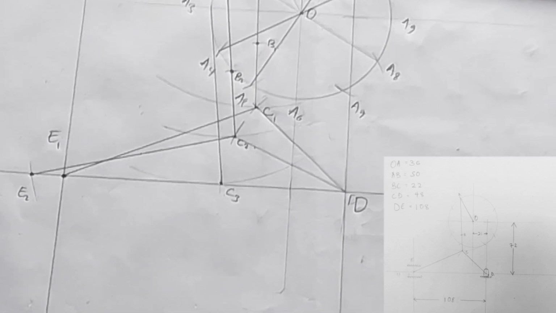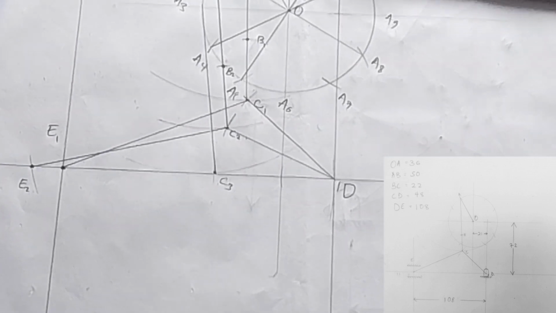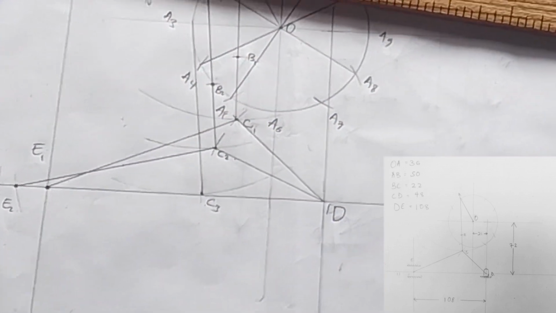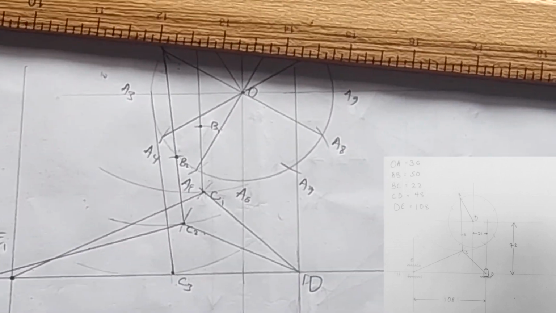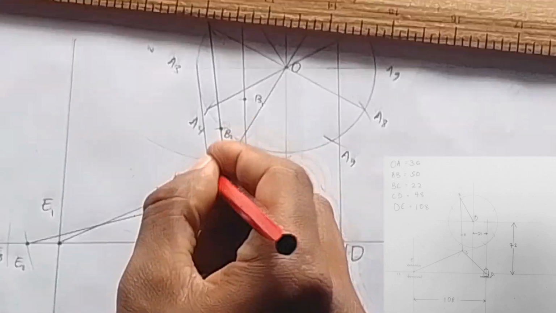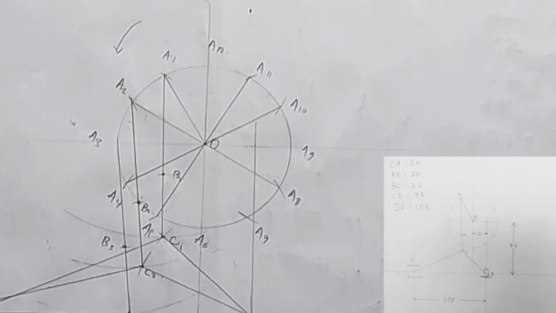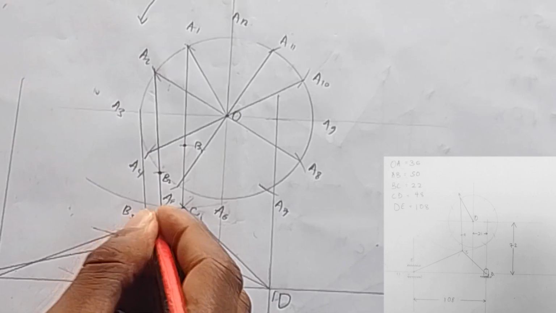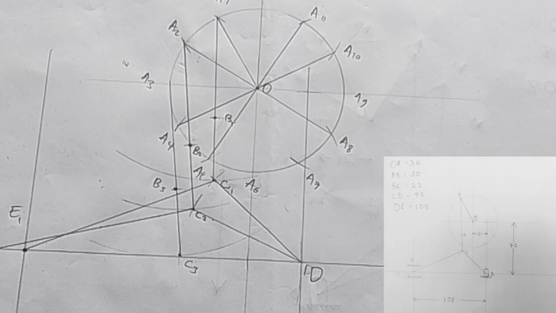So with your 7.9, stand at this particular point and mark it. At this point we have our E3. Then measure your B, stand at this point, and at this particular point you have your B3. So we have the locus of B: B1, B2, B3. Repeat the same procedure, so you're looking for our B.